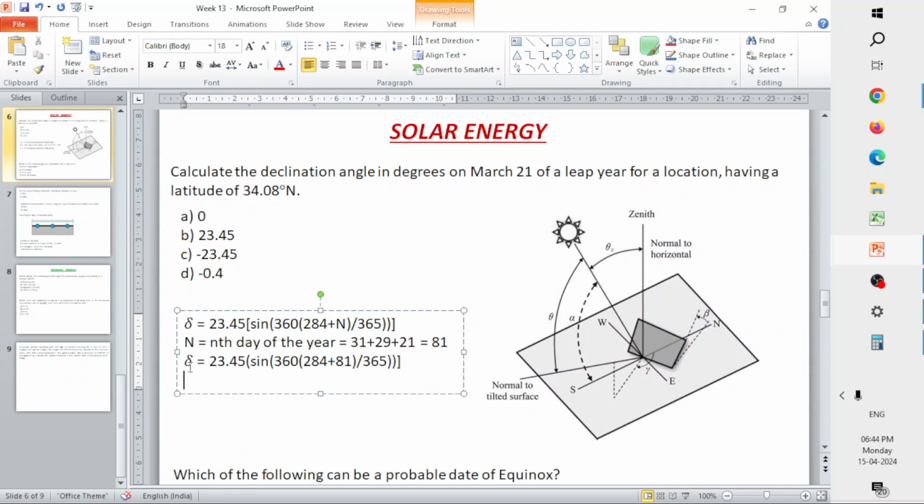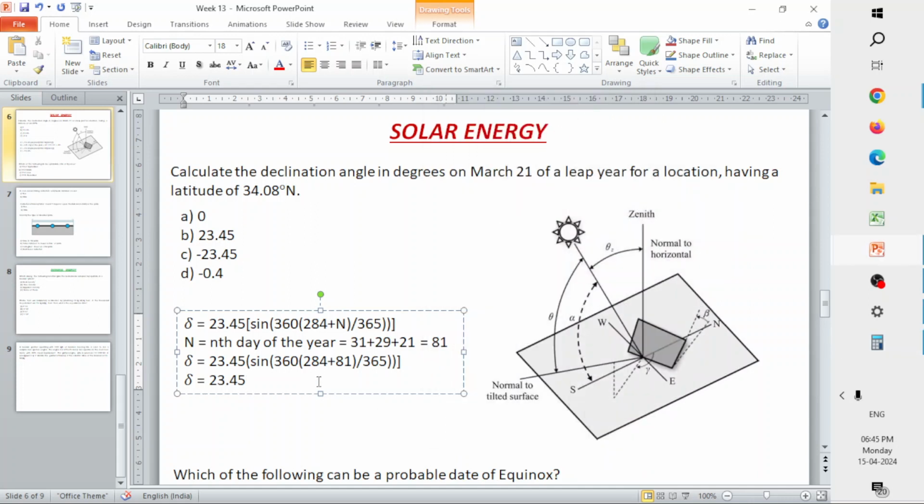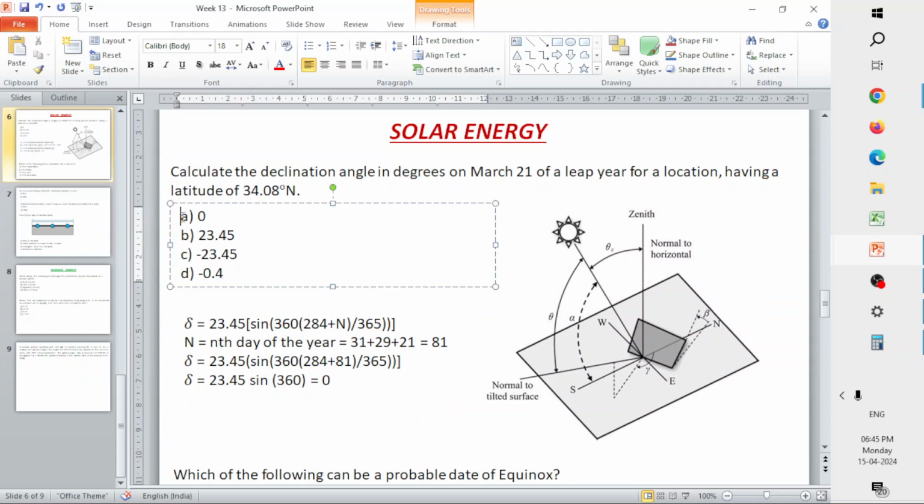So 284 plus 81 is 365, and that 365 and this 365 get cancelled. Then you get sine of 360, and we know sine of 360 is 0. So the value of delta is 0. So the answer is A.